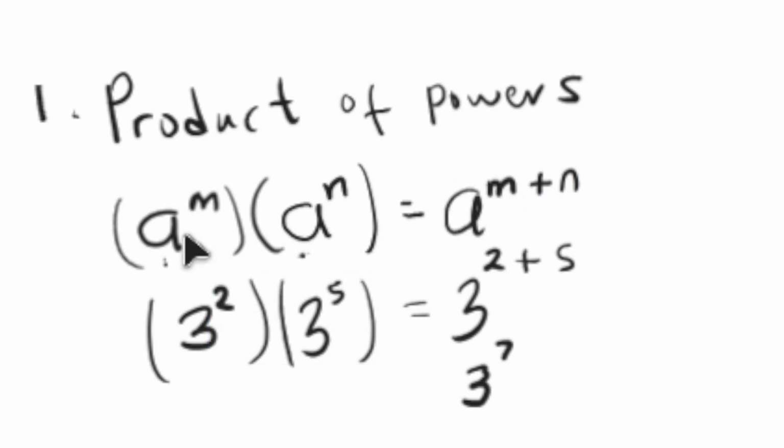So when you have a exponent m times a exponent n, the bases are the same, so a exponent m plus n. An example: 3 exponent 2 times 3 exponent 5 is going to be 3 exponent 2 plus 5, which gives us 3 exponent 7.